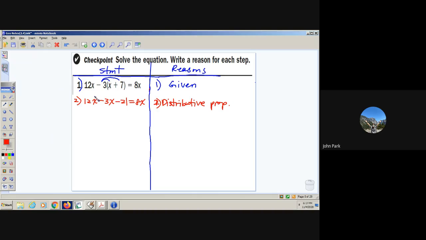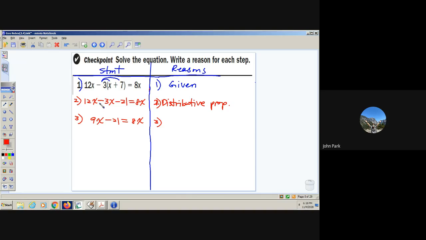So then now here, we want to combine like terms on the left side of the equal sign here. So 12 minus 3, x is going to be 9x, and then copy the rest. So we're just going to do step by step. And so we were able to get to 9x minus 21 by combining or simplifying by just subtracting these two.